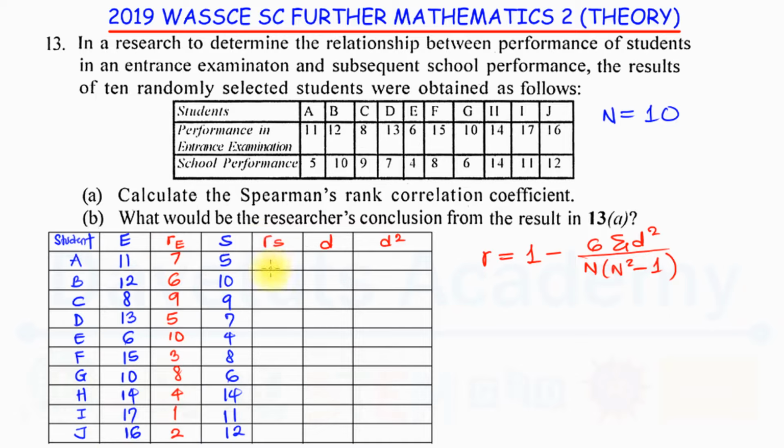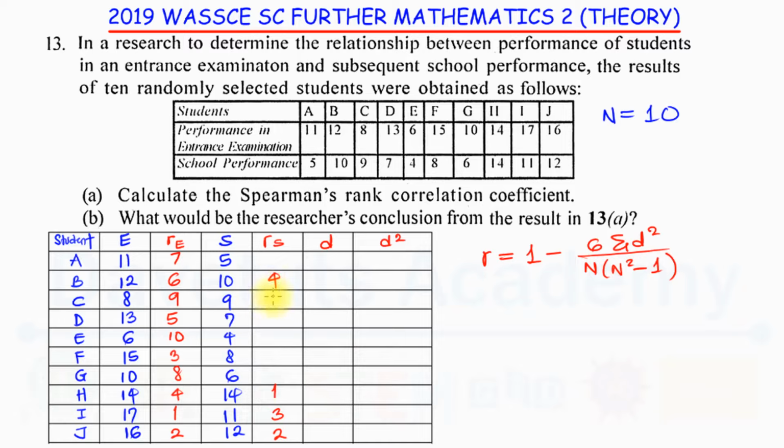And then in the school performance, who is the best student, who comes first in this particular exam? The highest mark is 14, so this is number 1, followed by 12, number 2, followed by 11, number 3, then 10, number 4.